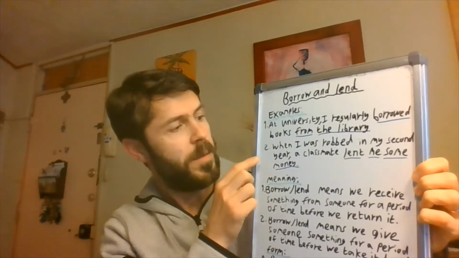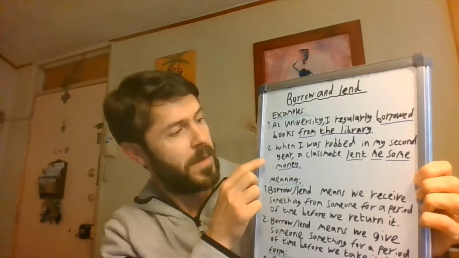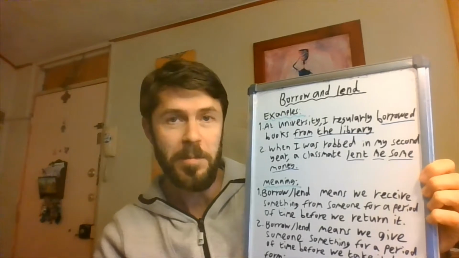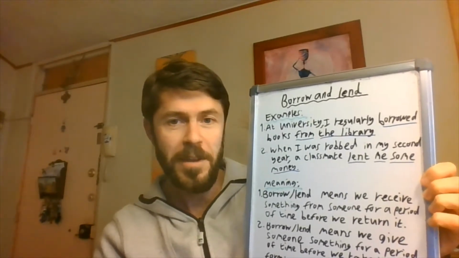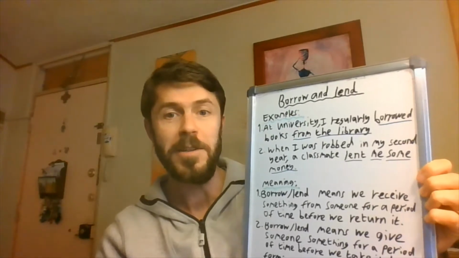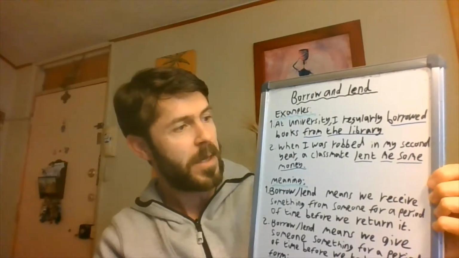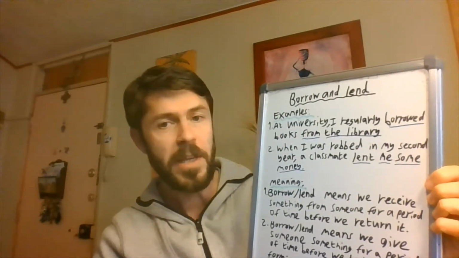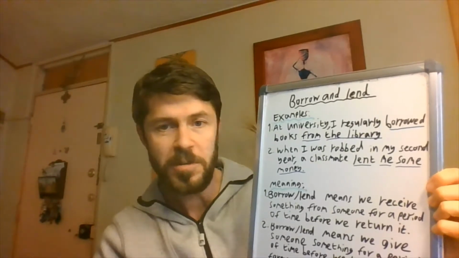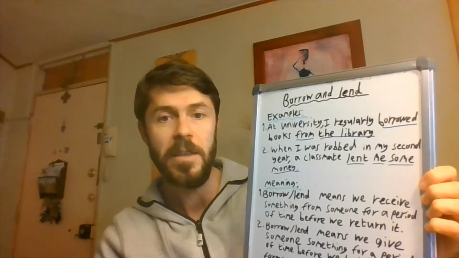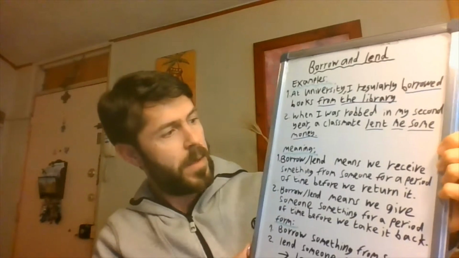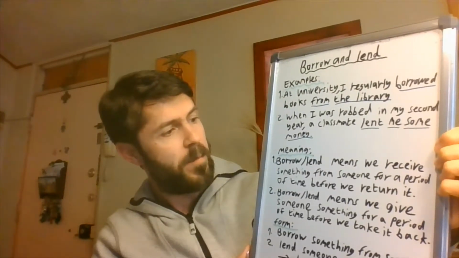When I was robbed in my second year, a classmate lent me some money. That was a really bad experience I had in my second year at university. Maybe I'll tell you more about that at some time. He lent me, I can't remember, maybe 20 euros or something, and then later I gave him that money back.